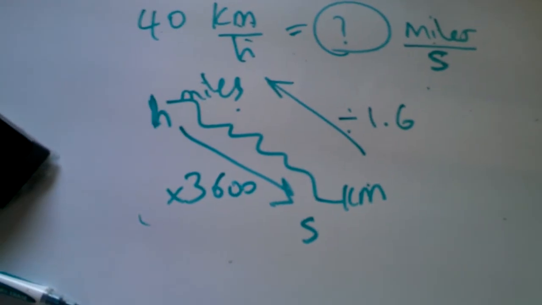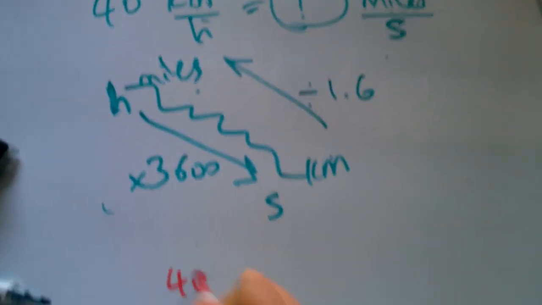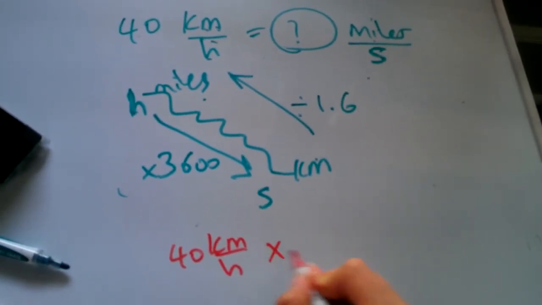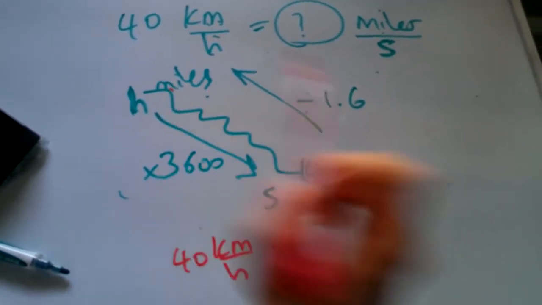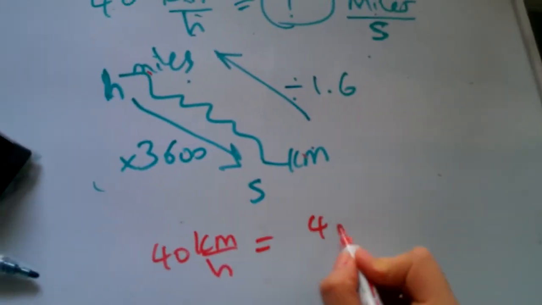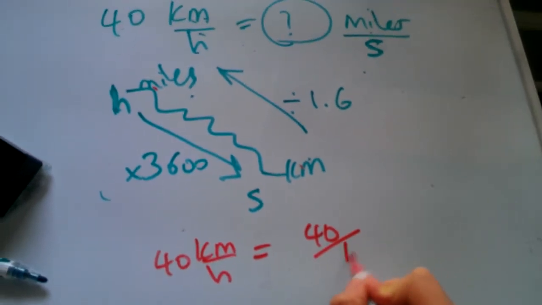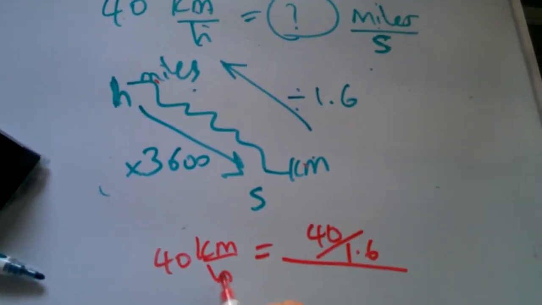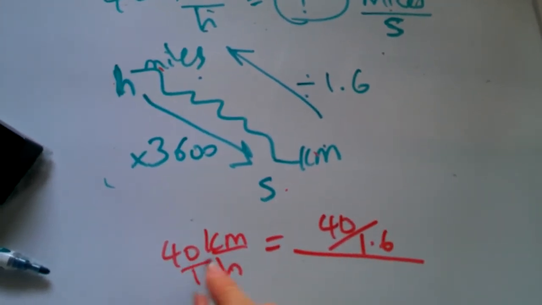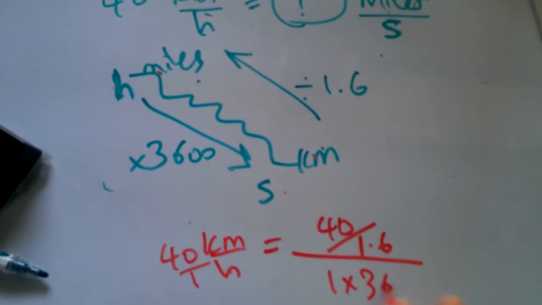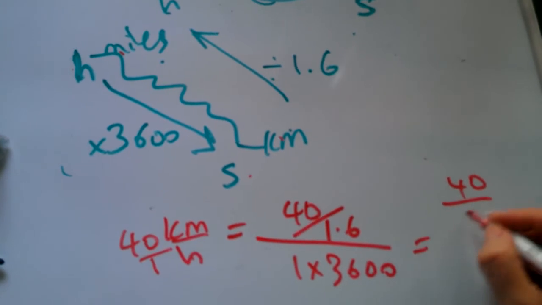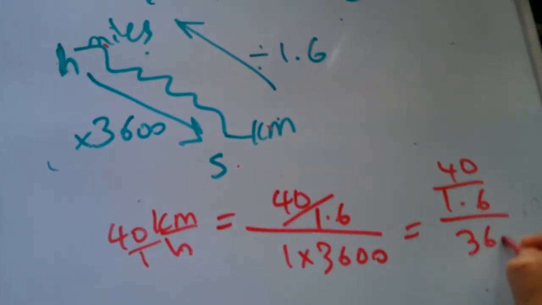So let's just do this. We say 40 kilometers per hour. Kilometers to miles, the number is divided by 1.6, and then hours to seconds, 1 hour to seconds is 3600, and then we do the math, right? So that becomes 40 over 1.6 over 3600.